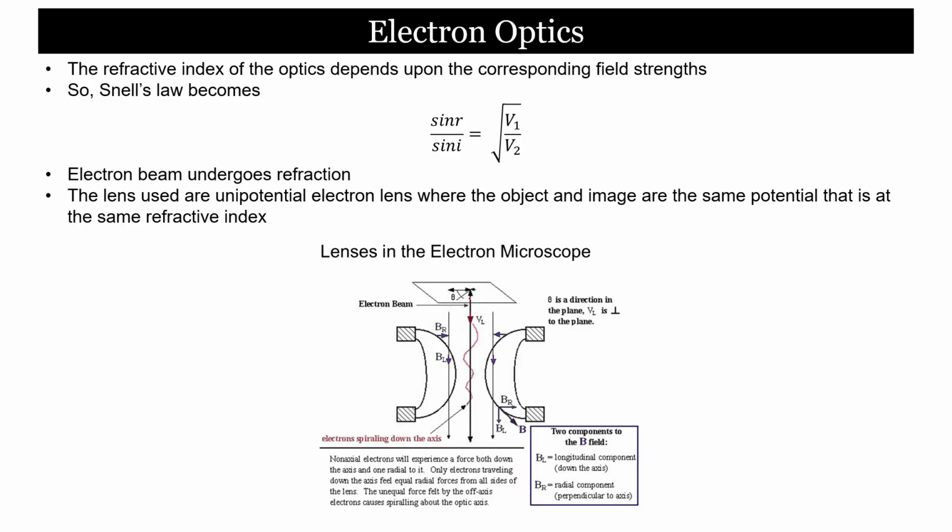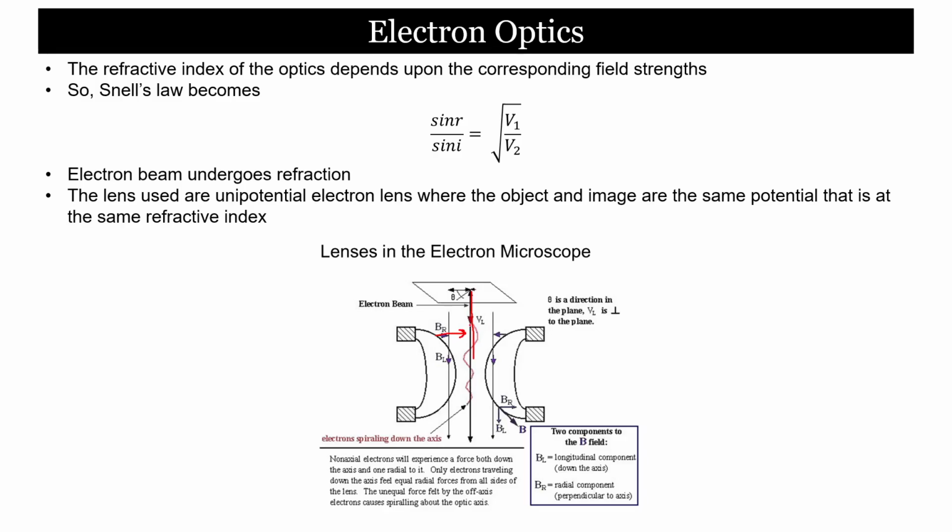Here the electron beam is coming in this vertical direction, and these are your pole pieces, which give you the electric and magnetic field. When the electron is falling vertically in this direction, due to this magnetic field it experiences a force which is perpendicular to this.